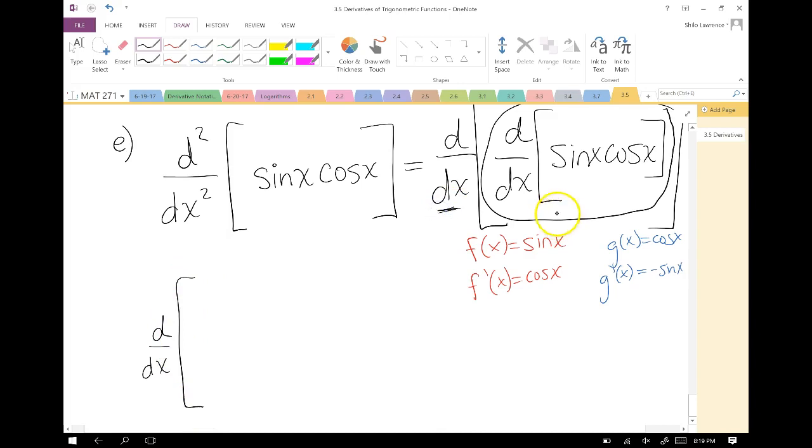And I'm going to now write the answer for my inside derivative. So remember we crisscross here. So I'm going to do cosine times cosine, that's f prime times g, which is cosine squared. And then plus sine times negative sine is really going to be minus sine squared, because I'm going to be adding a negative. This is my first derivative here.